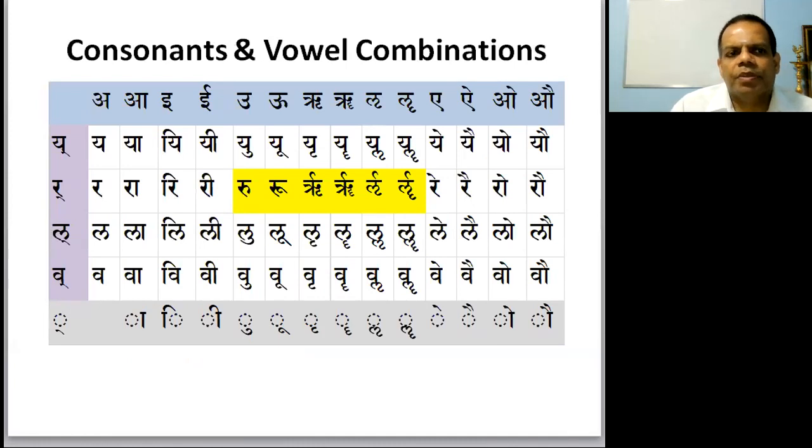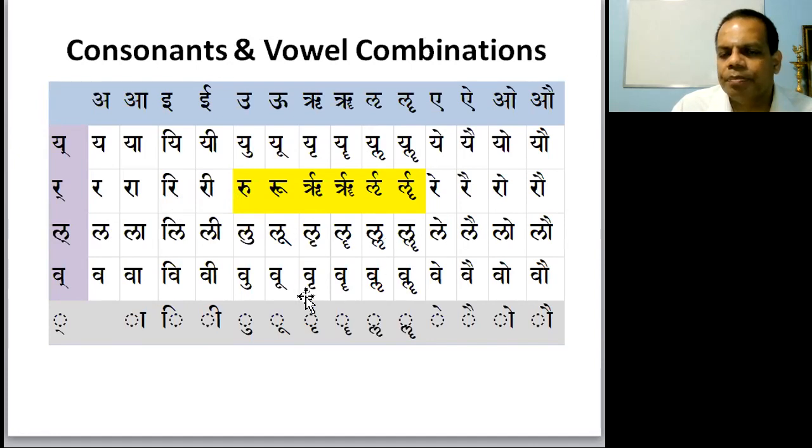So I did not spend time today on the ru. Usually for u, the extra piece for the consonant is written at the bottom. But as I had highlighted last time, for ra, that piece doesn't go to the bottom, it's somewhere in the middle. That's why it's ru. So ra, ra, ri, ri, ru, ru.